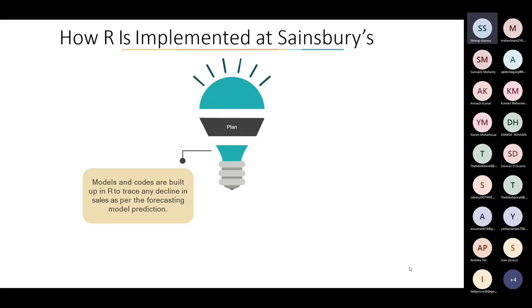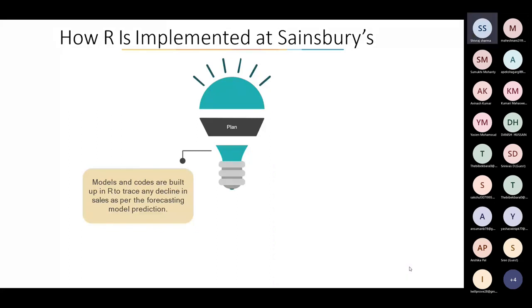Models and code are built in R, because without creating the models and the code, it is not possible for any language to analyze things. Okay. What do those models and codes do? They trace any decline in sales as per the forecasting model predictions. Because R is also used in data science to predict things and to create forecasting models.